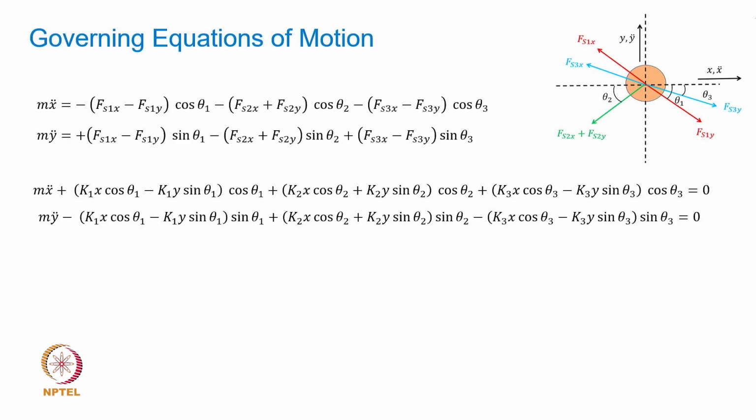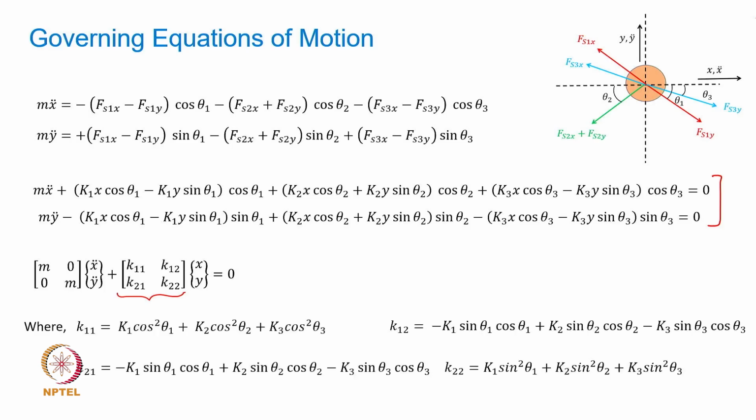Each spring is going to contribute, and then I can write this in a matrix form as we do for a multi-degree of freedom system. These two equations can be reformed into a matrix equation, and you can now notice that the stiffness matrix here is going to have non-diagonal terms indicating cross coupled stiffnesses, or coupling between x and y.